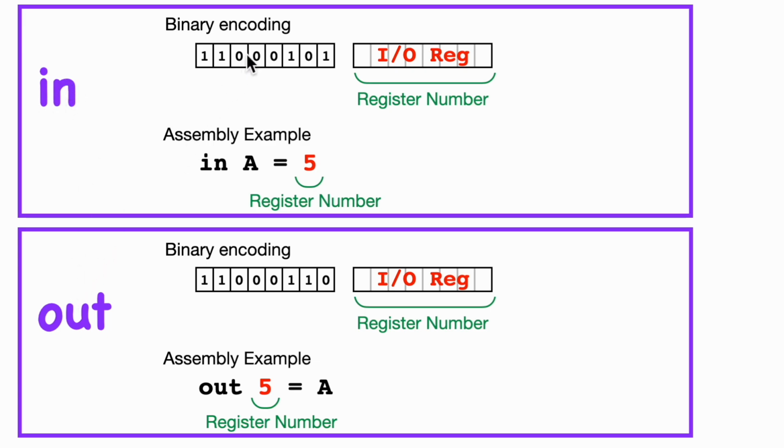In the two instructions, the opcode byte is followed by an 8-bit number which gives the I/O register that's either being read from in the case of the in instruction or written to in the case of the out instruction.